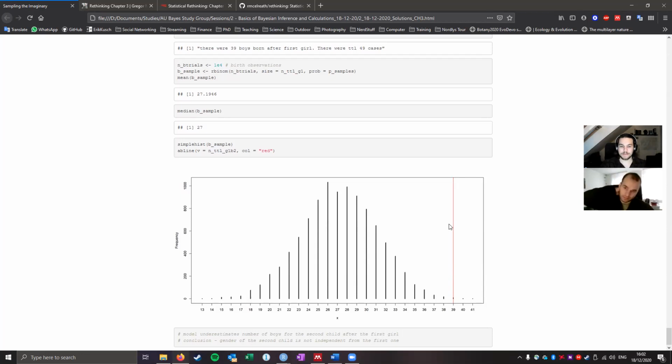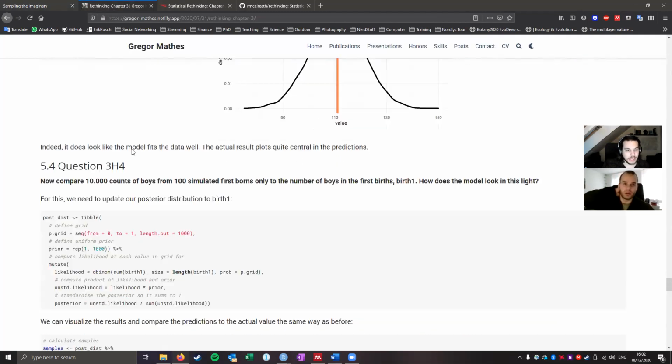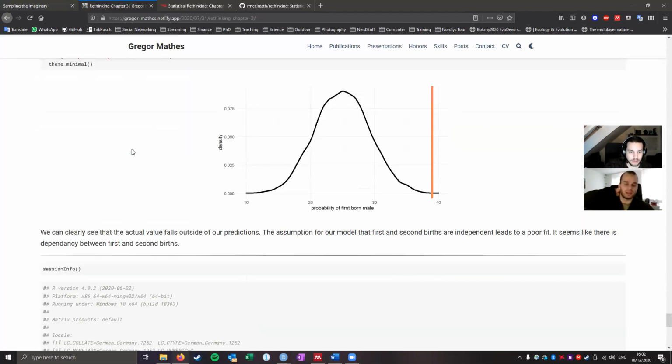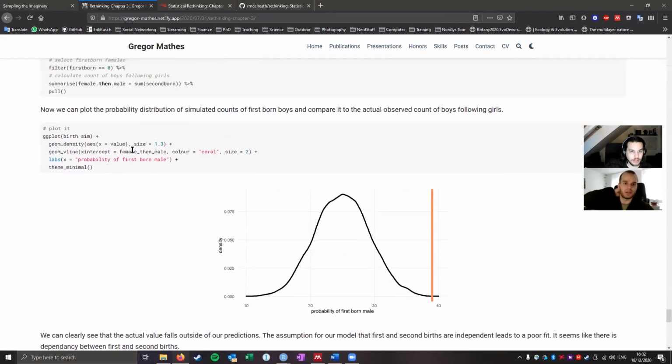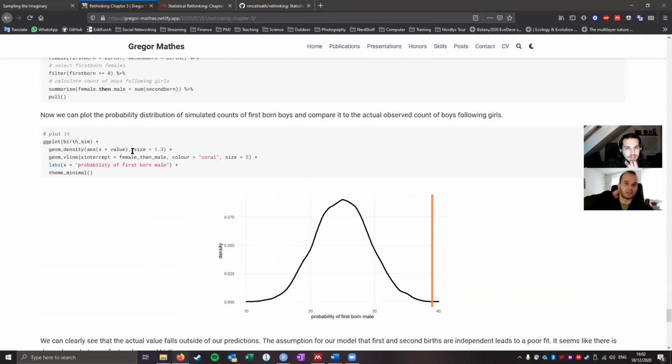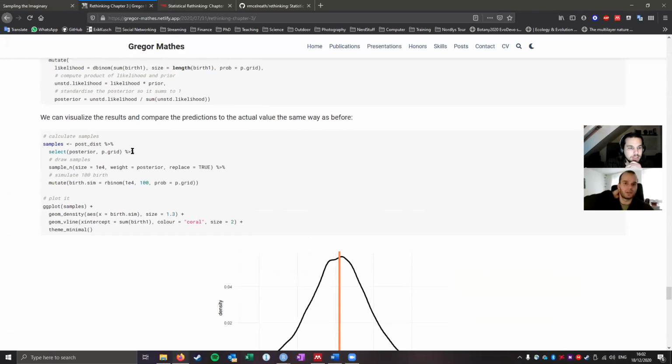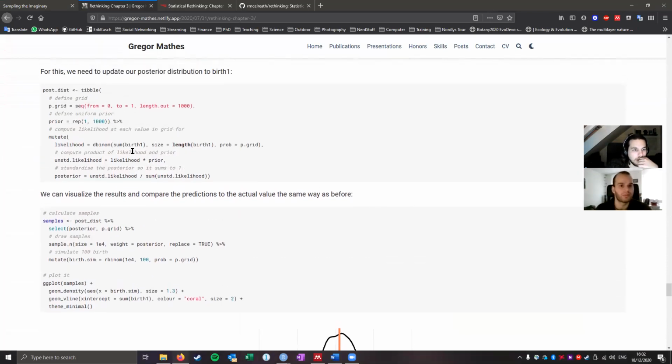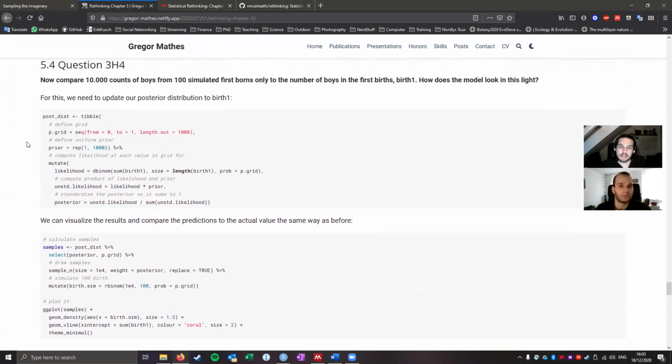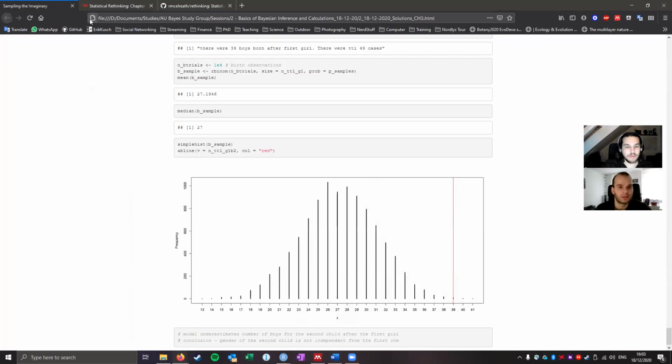And that's that. I just want to add that I get a different result for 3H4. 3H4, sure. Like the model does fit my prediction. All right, let's have a look at this. I am just going to do this bit right here.